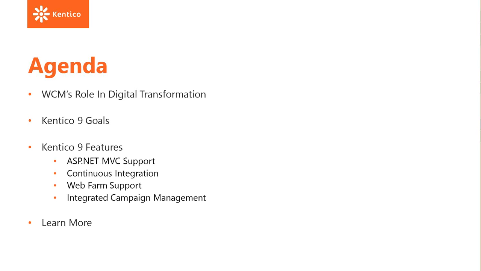What were the main goals we were trying to achieve from a product standpoint with version 9, and what are the features that actually helped us achieve those goals? Then I'll provide you some links to show you more. Again, I'll show some working examples, demo code and demo projects of each of those major features, along with a couple other little tidbits that I found in the new version that I think you'll like.